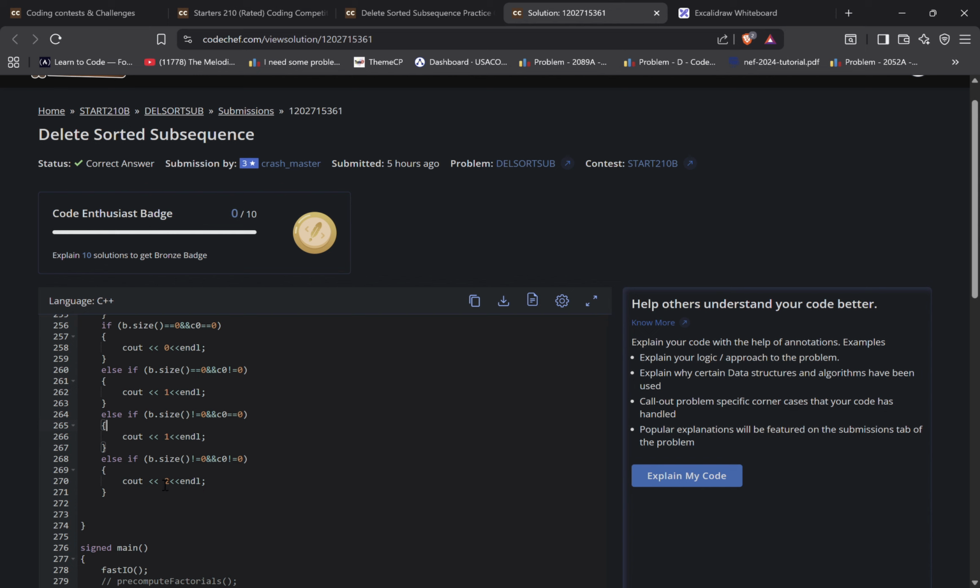Now here comes the smart part. If both of them are non-zeros, what does that mean? If C of 0 is non-zero, that means at the very end there are no ones remaining as such. All the ones that are there are concentrated at the very beginning, before I found my first zero.